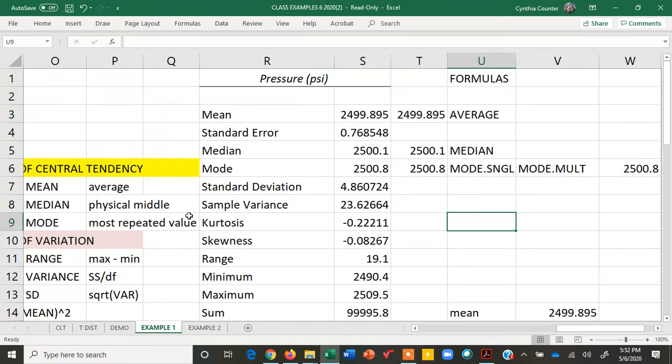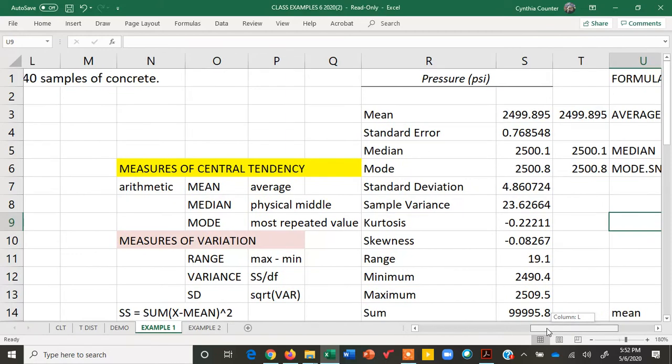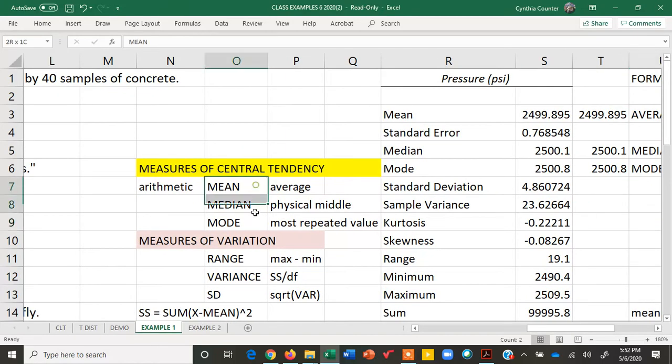All right. So those are the three measures of central tendency that are important: mean, median, and mode. There is a fourth one that's not used much. We actually aren't going to use it in this class, but it's the midpoint, which is halfway between the minimum and maximum. We're going to see midpoints later, but not in terms of the entire data set. So here are our measures of central tendency.